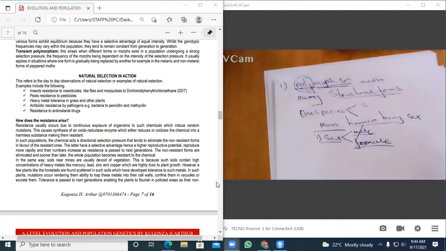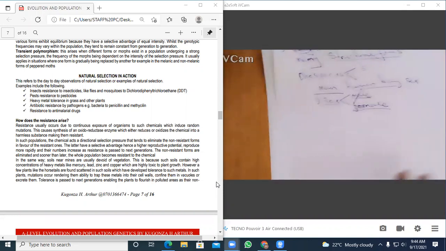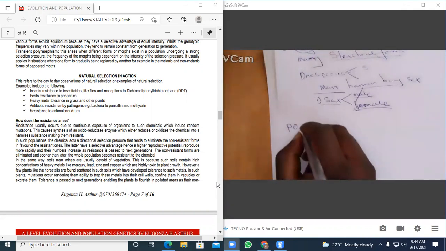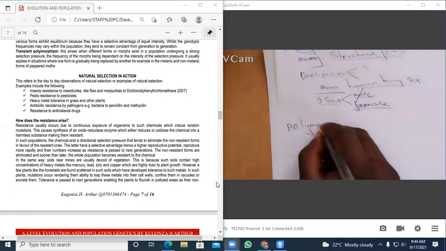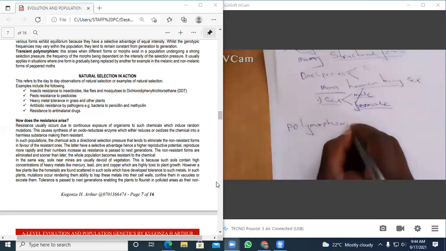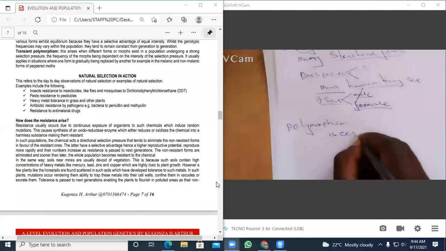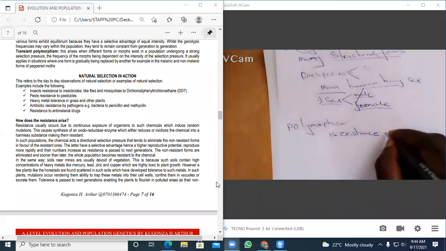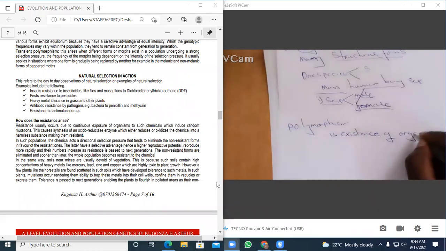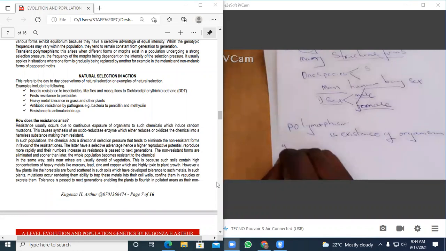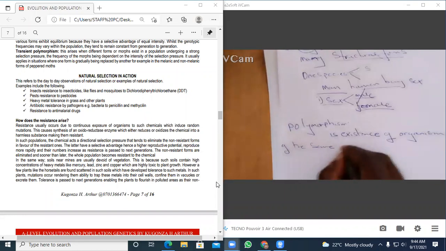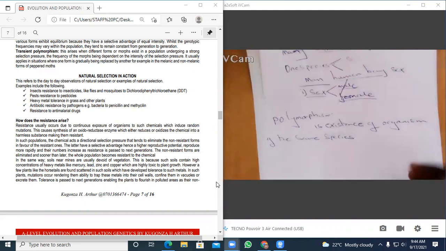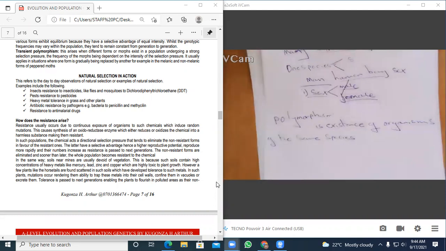Therefore, when we talk about polymorphism, polymorphism is the existence of organisms of the same species, because we know organisms of the same species must be of the same form, since they are of the same species.